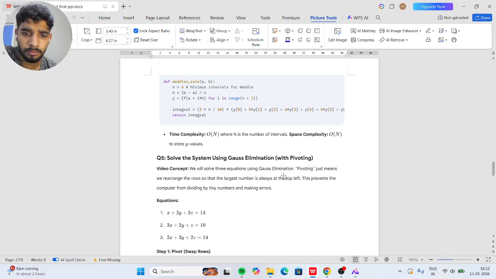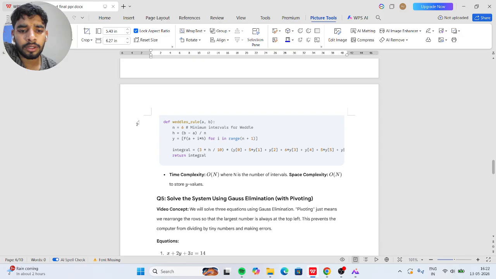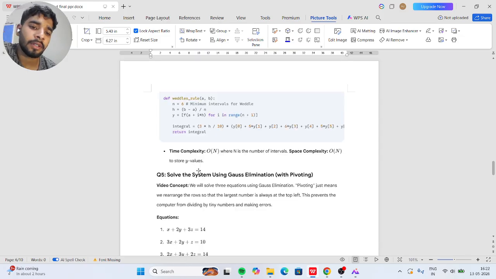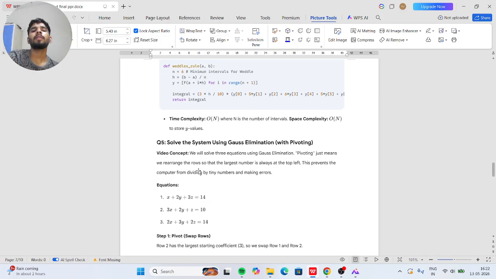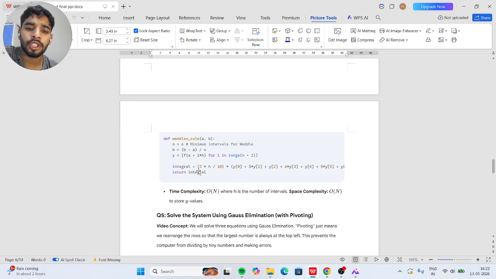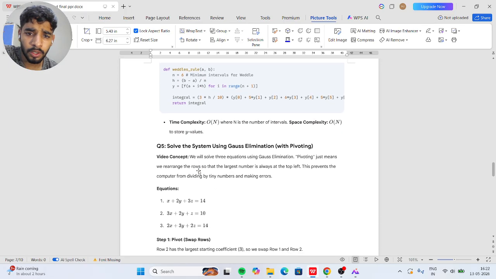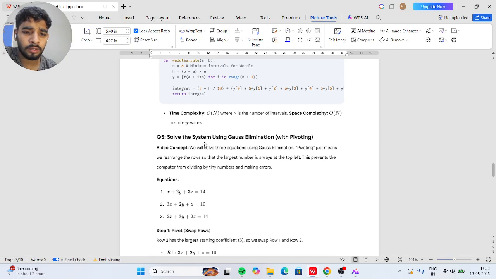Here it is misprinted. So this is the formula, and we will return the integral. Then we will write the main program calling the function and Weddle's rule. Okay, that's all. Now, time complexity: it is order of n, where n is the number of intervals, and space complexity is also order of n to store the y values.